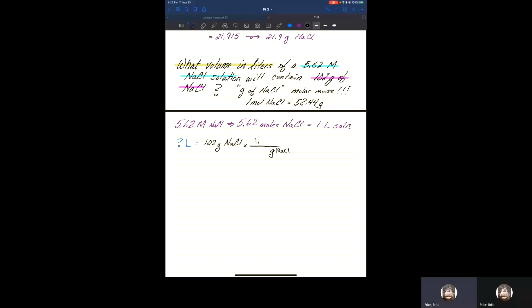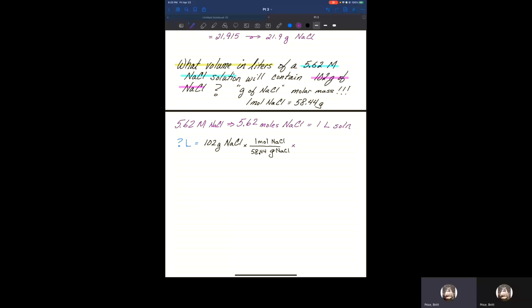And for every 1 mole of sodium chloride, that's 58.44 grams. Now I need to go to liters.